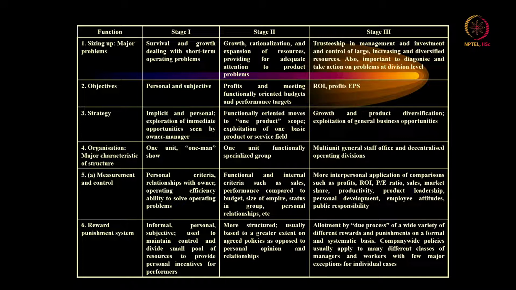The strength of this structure lies in its concentration and specialization in different fields. However, its real weakness is that all eggs are in one basket. When such a firm diversifies into other products in different industries, the advantages of the functional structure are not available.